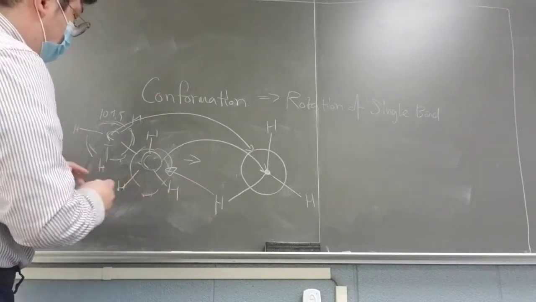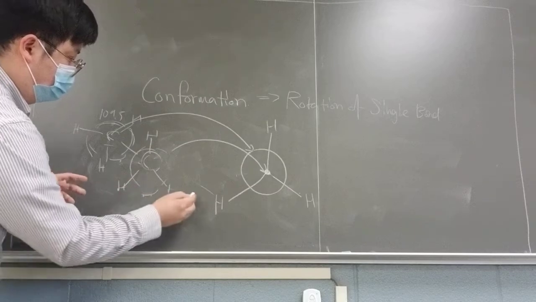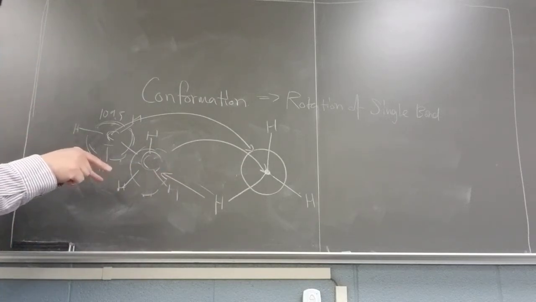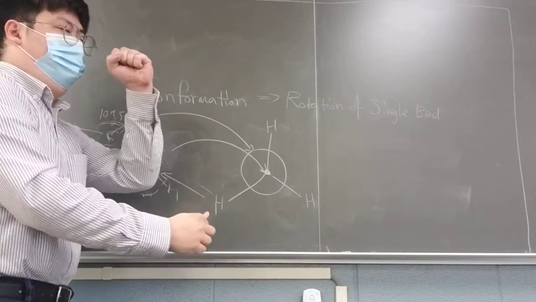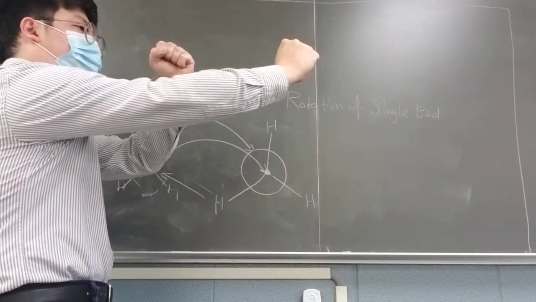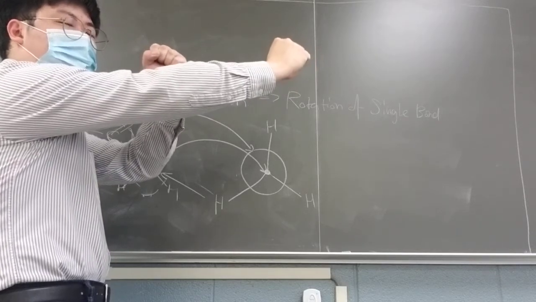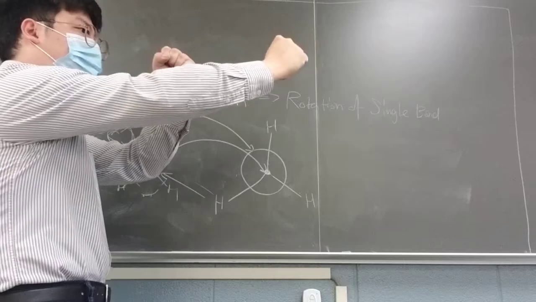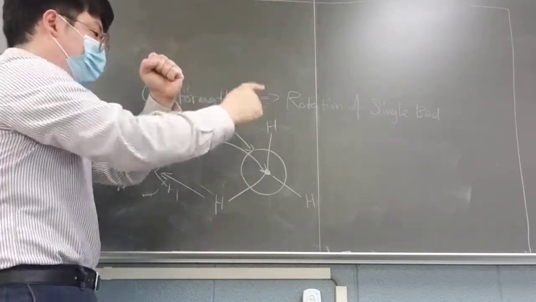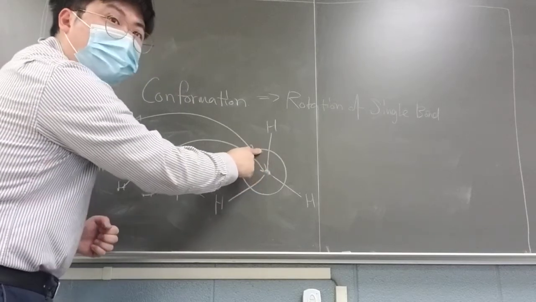So we are actually looking at this carbon in a head-on way. This is the front carbon, and the back one is right behind it. But if you put both in dots, there's only 1 dot, so you cannot represent it a different way in 2D. So we make this back carbon a circle. This is the front carbon, and this is the carbon on the back.